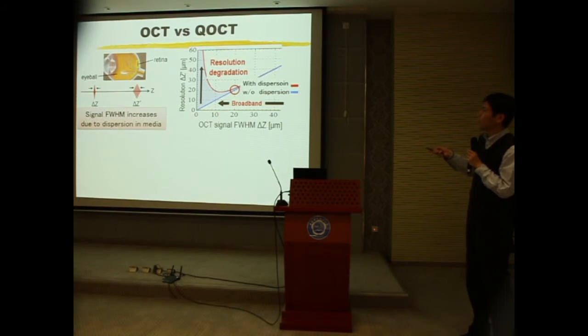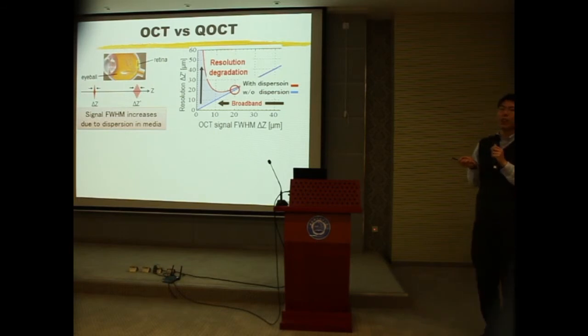However, at some point, you will observe a huge effect of dispersion in the media. And the actual resolution is degraded very rapidly when you increase the bandwidth. So there is a kind of optimum point, like 10 or 20 micron.